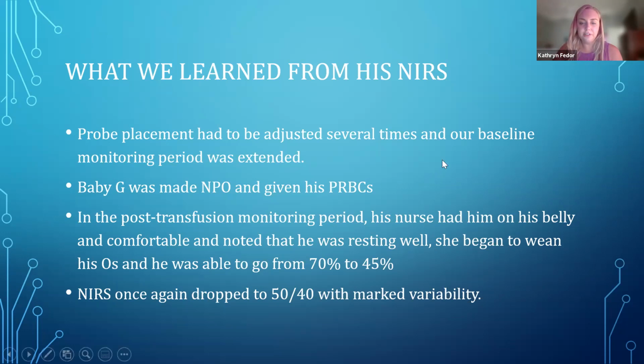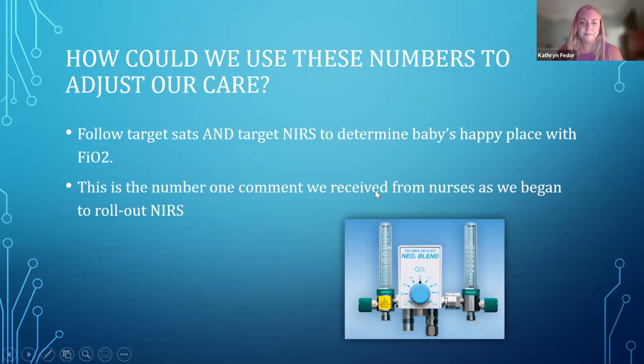The nurse called me over and said, I'm not sure what's going on with my baby. I know you helped with this NIRS project, so I just need your help. I was able to go all the way down on his oxygen, back down to 45%. He's doing really well, but all of a sudden his NIRS values have dropped. And so we just had a really good chat about how potentially even those oxygen saturations may be able to recover from a rapid wean in his oxygenation.